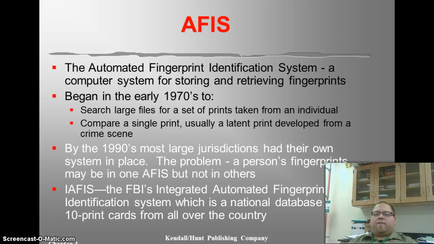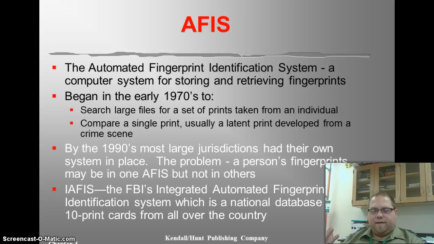One thing we didn't talk so much about is the AFIS system, but you need to know this. It's actually part of our TEKS of the class. It's the Automated Fingerprint Identification System. It started in the 70s, and this allowed computers to take over the process of having to go through and figure out the fingerprints. It's a huge database.